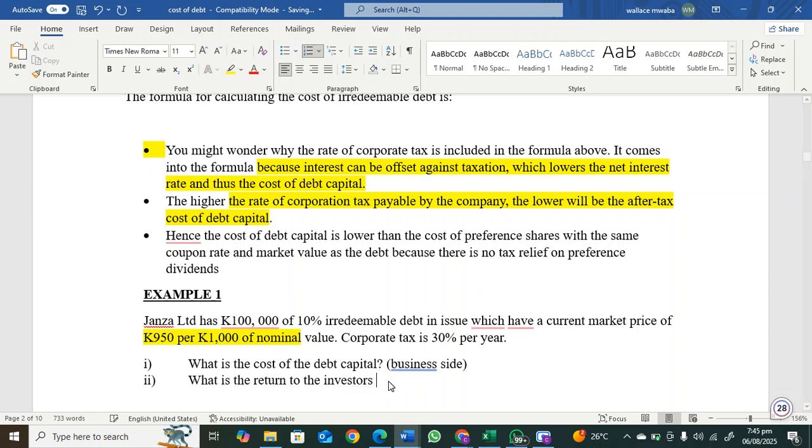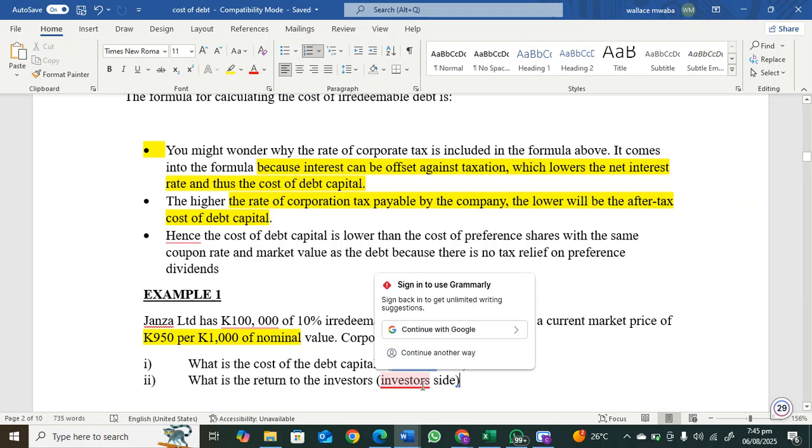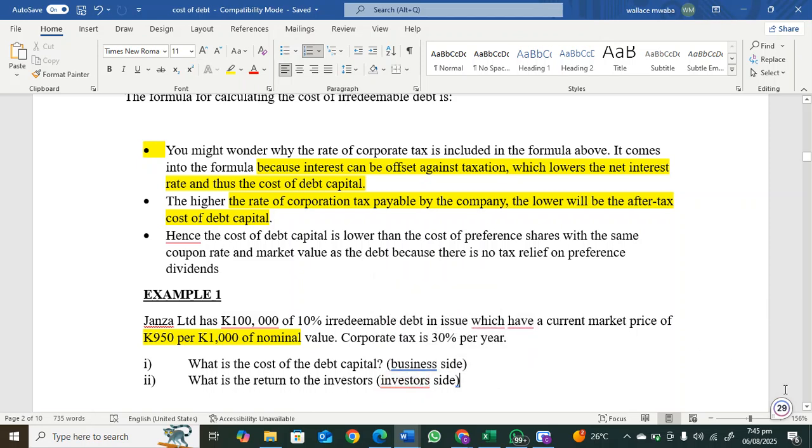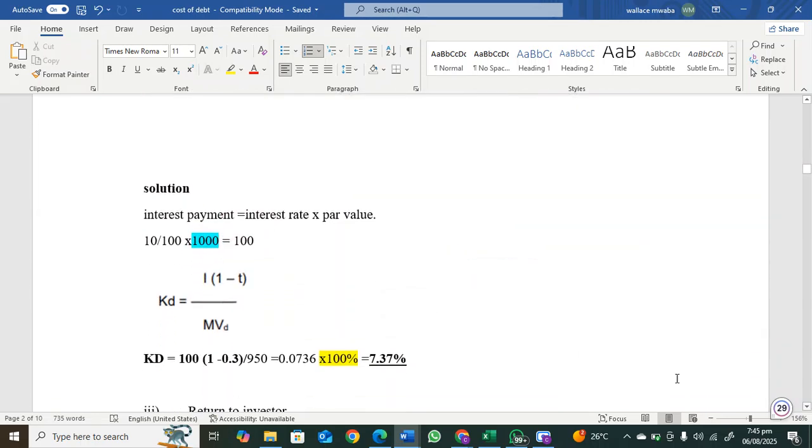When they ask for the return to the investors, this is on the investor side. Most of the time, the questions you'll be dealing with are on the business side, but I just want to show you in case they ask for the return to the investors.